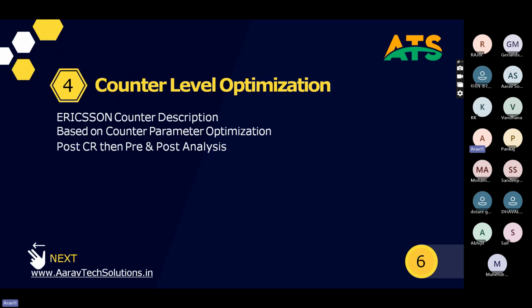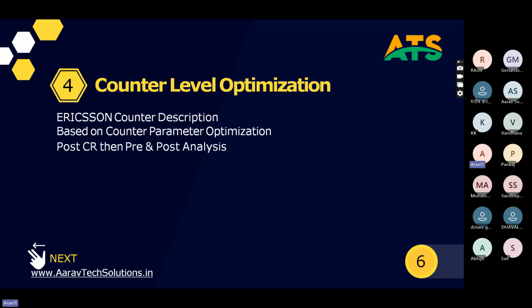Next, there is CR preparation for every change in your network. Once you want to improve your KPI, you need to take approval from the customer that you want to change this parameter, and that after changing this parameter from this value to this value, your KPI can improve. So you raise the CR to the customer, and the customer will give you approval.